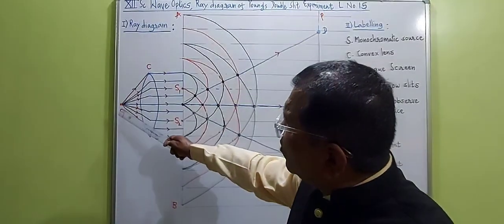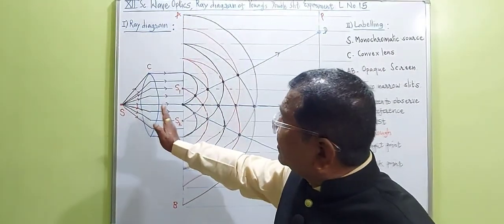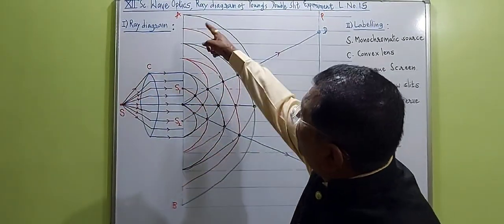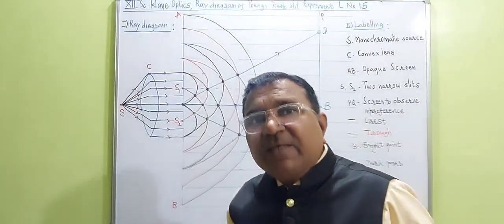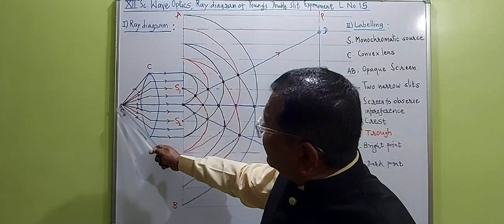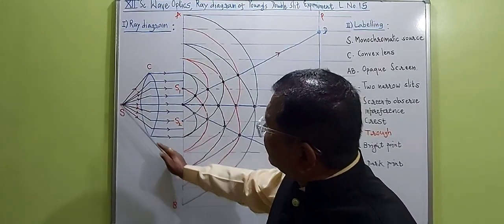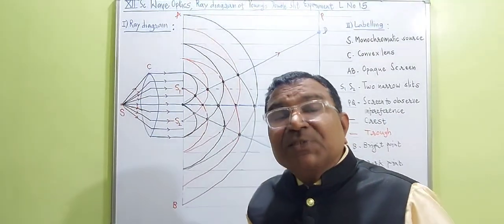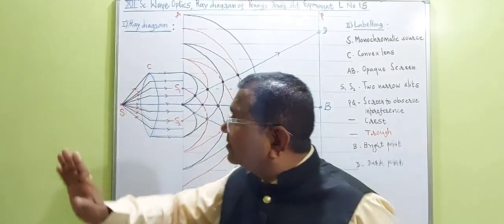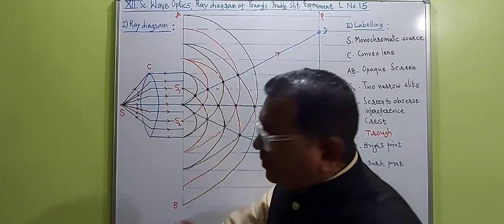Consider a monochromatic source S which is either kept far away from the opaque screen AB, or the source is placed at the focus of the convex lens so as to get a plane wavefront which is incident on the opaque screen AB.